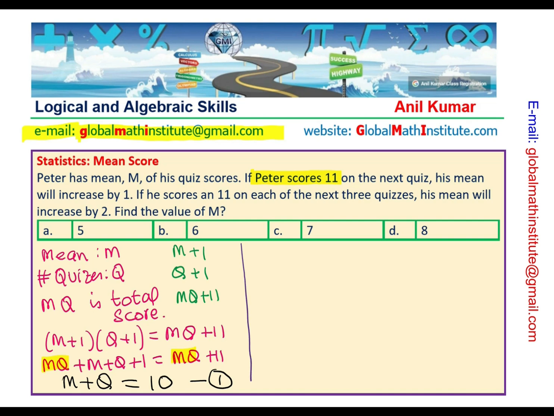Now let's look into the second condition given to us. If he scores 11 on each of the next 3, so we'll add to the number of quizzes, next 3 means 1 plus 3, 4. His mean will increase by 2, right? So the mean becomes, instead of plus 1, it becomes 2.